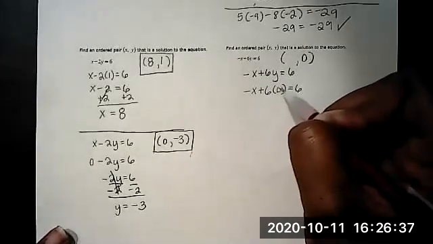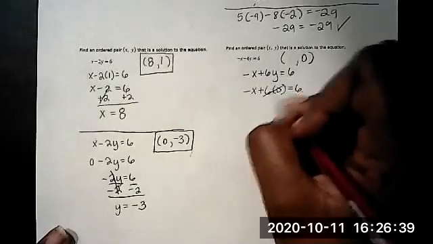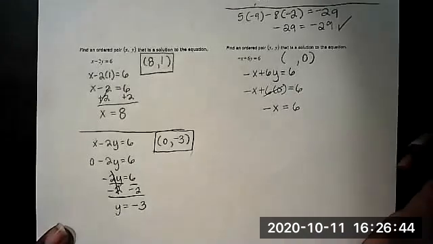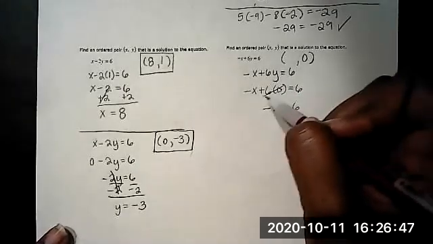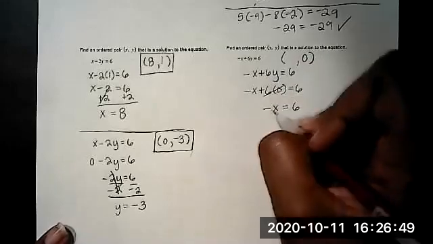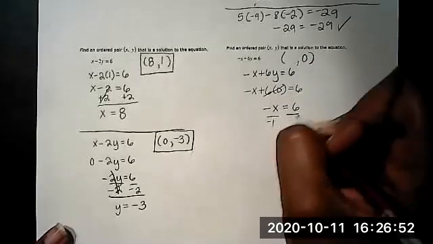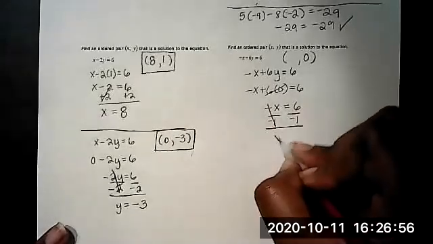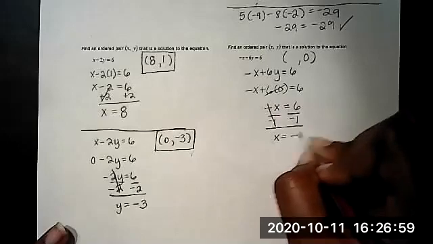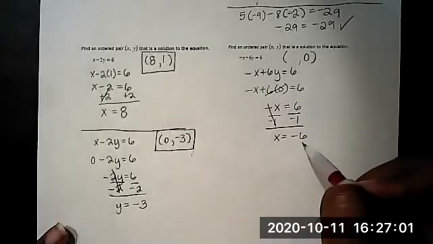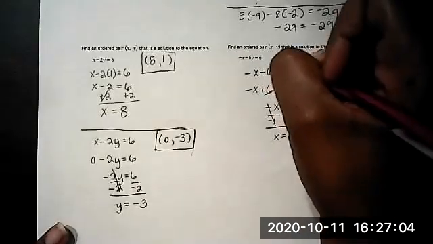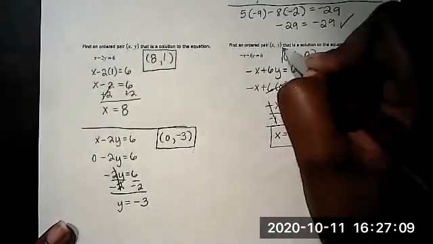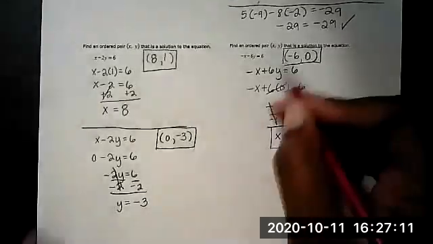Now y is 0, so this cancels out because it becomes 0. Negative x equals positive 6. Now I would divide by negative 1, and that becomes x equals 6 divided by negative 1, which is negative 6. So negative 6, 0 is a possible point or solution for this equation.